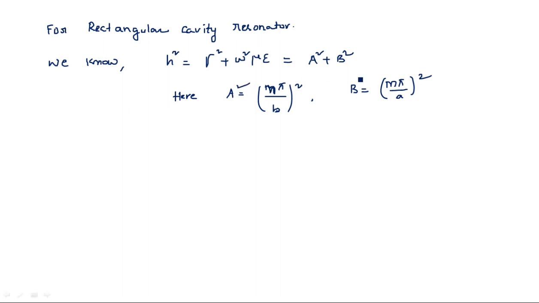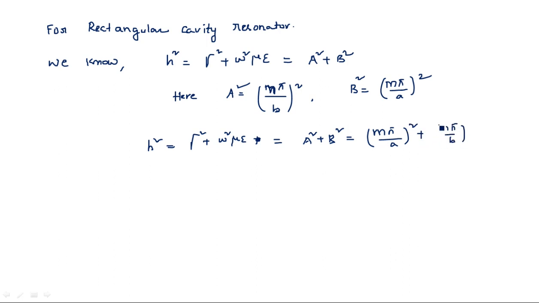That means we can write h square as gamma square plus omega square mu epsilon, equal to a square plus b square, that is equal to n pi by a whole square plus n pi by b whole square.